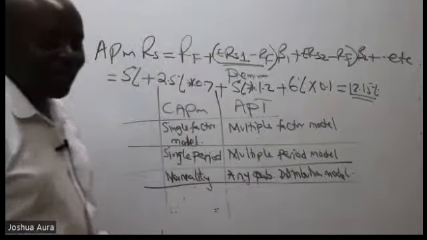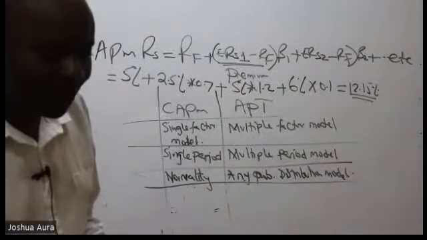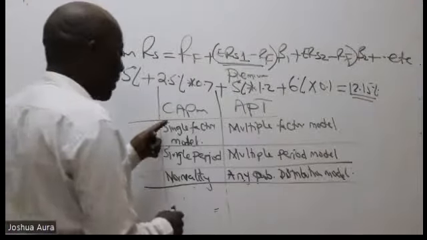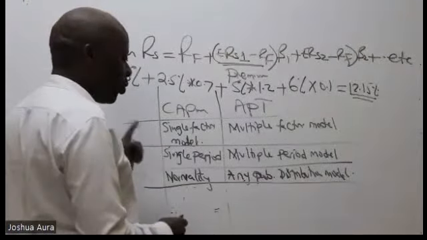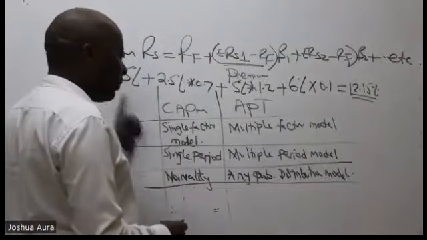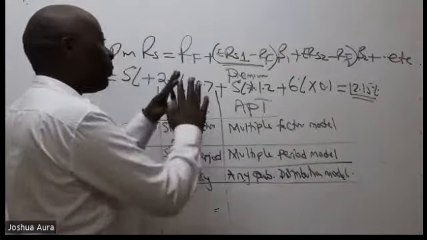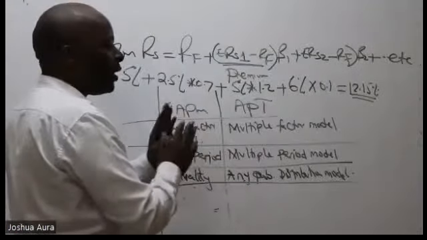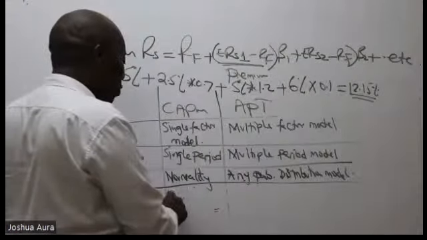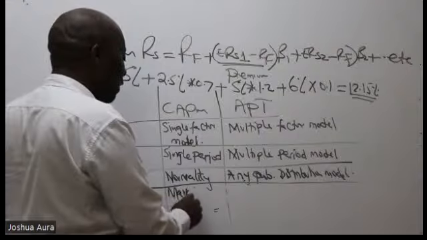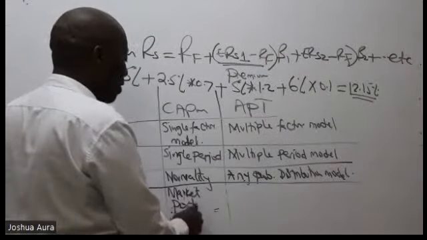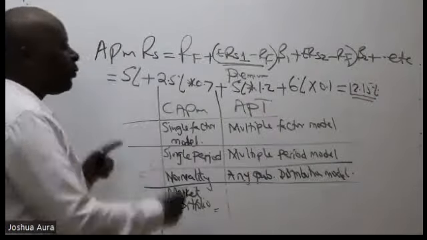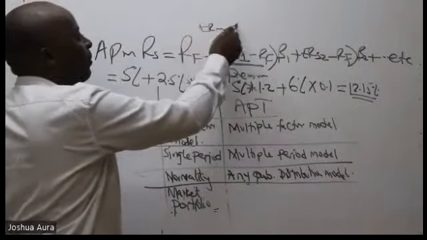So CAPM recognizes the existence of a market portfolio. Ladies and gentlemen, CAPM cannot work without a market portfolio. A market portfolio is that most attractive portfolio in the market. APT can work without the market portfolio. So the market portfolio must be there, as you can see, ERM minus RF.